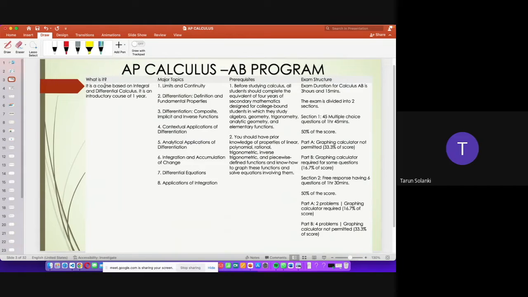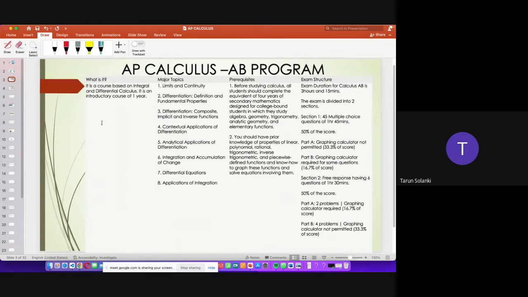The AP program includes specifications for two calculus courses and the exams for each course. The two courses and two corresponding exams are designated Calculus AB and Calculus BC. Calculus AB is offered by schools that can organize a curriculum for students with advanced mathematical ability.